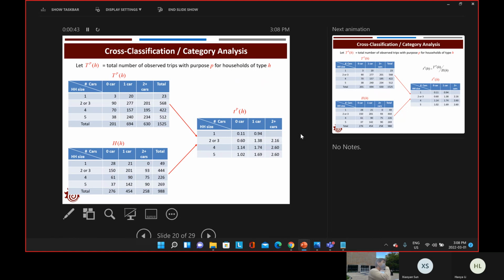You need to pay attention to which table is for the trips and which table is for the households. Once you know these two matrices, it will be easy to get the cross-classification method.